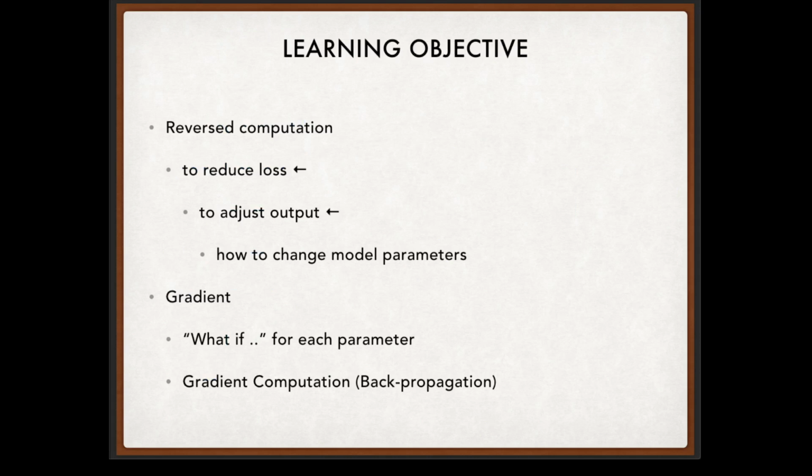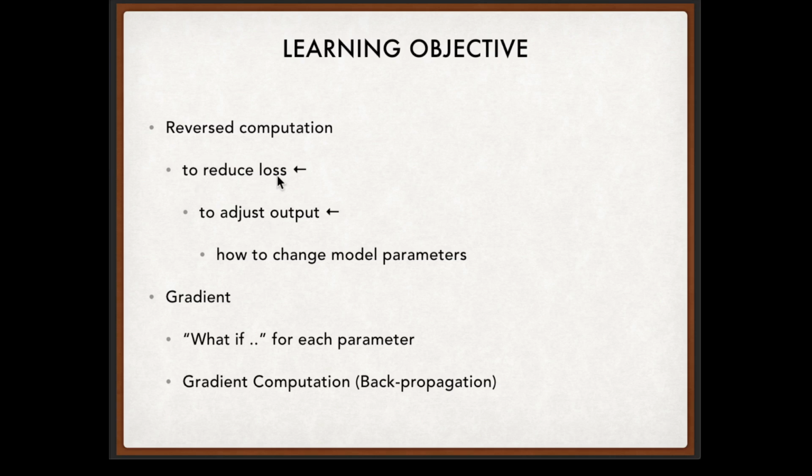It turns out that the learning process, or the training, is conceptually a method of reversed computation, because as a start, what is most obvious to us is the objective, and that is to reduce the loss.